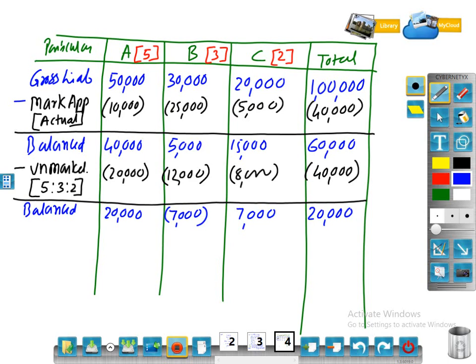So here, this is a very important step that you have to remember: less excess of B given to A and C. In which ratio? 5 is to 2. So 5 is to 2 means 7,000 divided by 7.